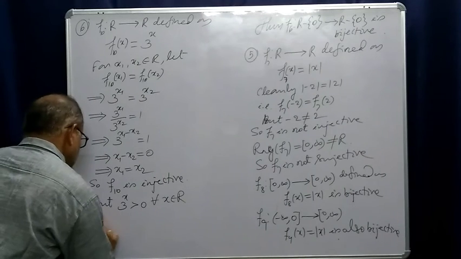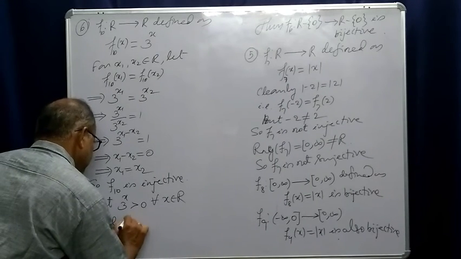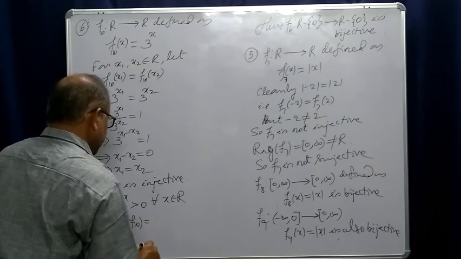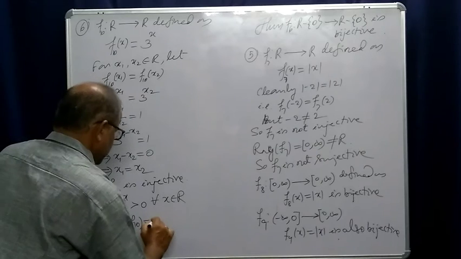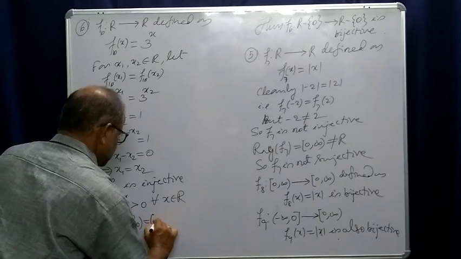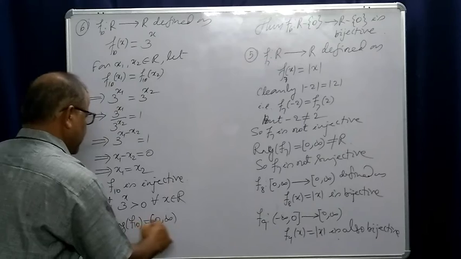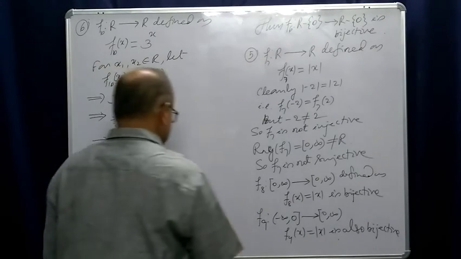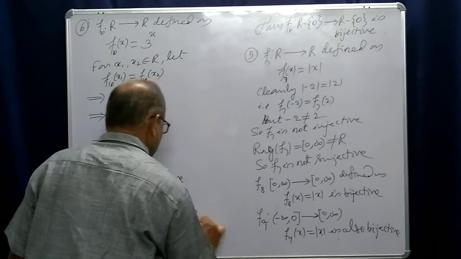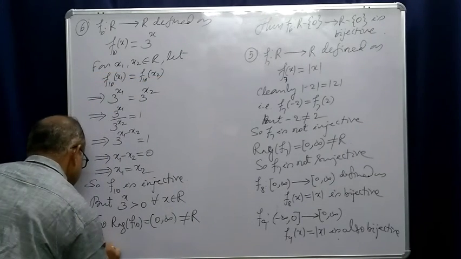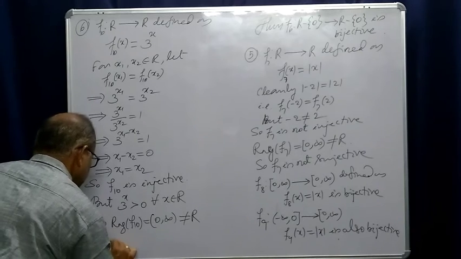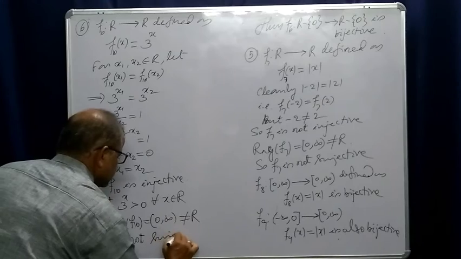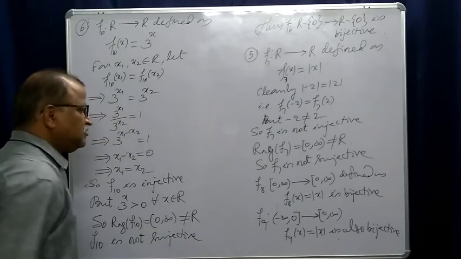So the range of f10 is the open interval 0 to infinity, which is not equal to R. So f10 is not surjective.